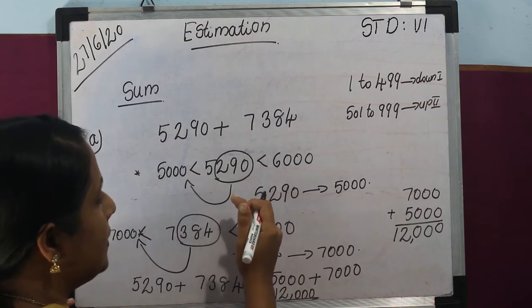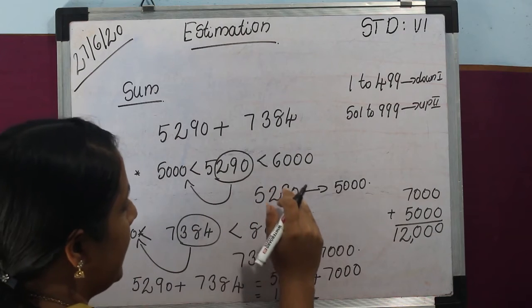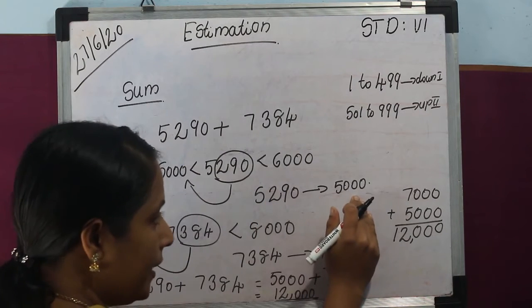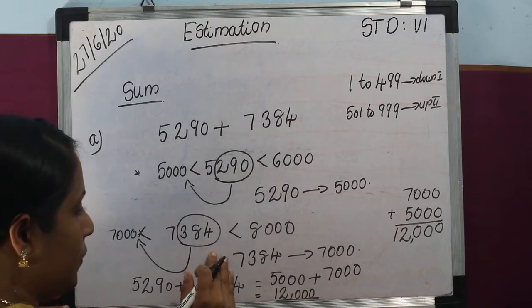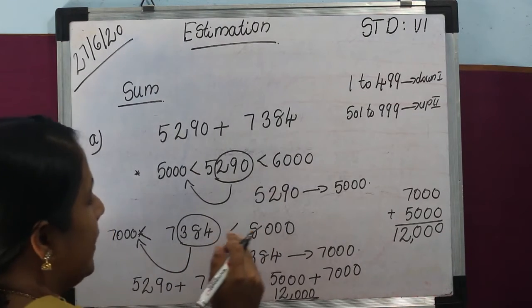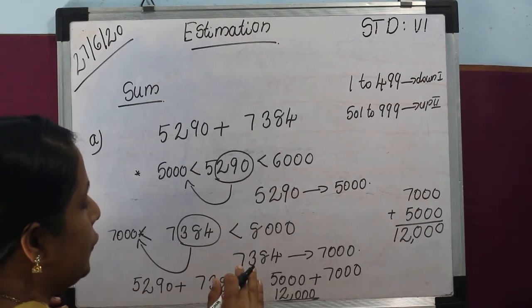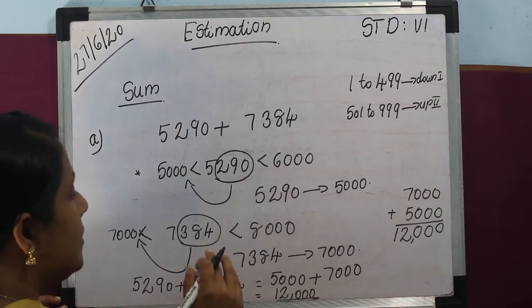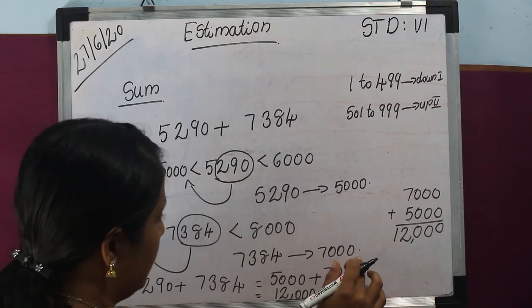Therefore, 5290 is rounded down to 5000. Our second number is 7384, which lies between 7000 and 8000. Next we take the number 384. Then 384 is in the down category. So 7384 is rounded down to 7000.